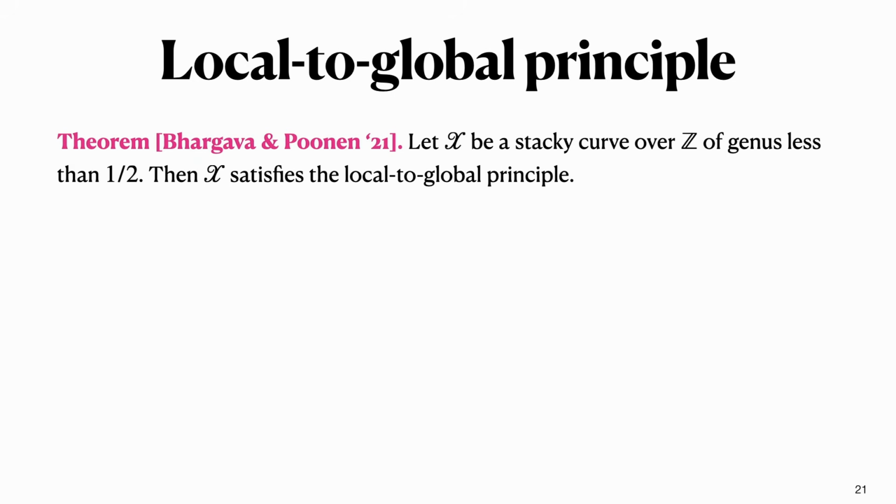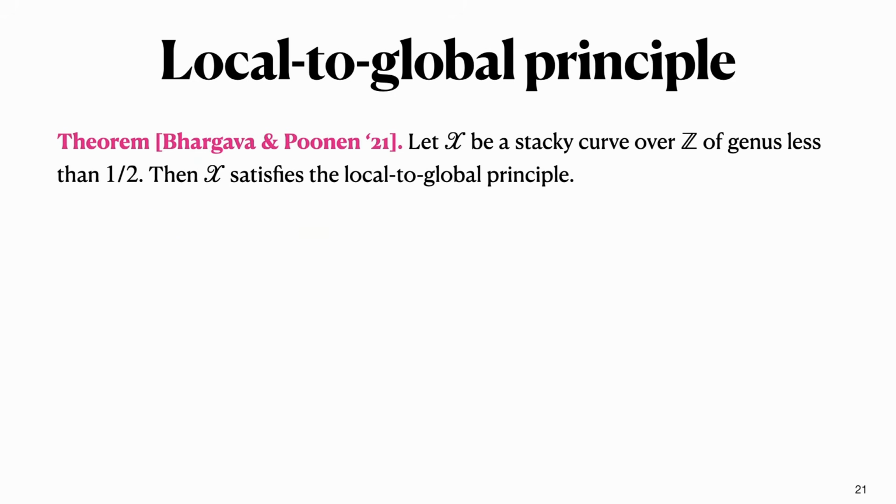So on one hand, we had genus 0, the quadratic forms of genus 0. They hold the local to global principle. And then you can move all the way up to less than 1/2, and the behavior is going to be the same. You're going to have the local to global principle for these curves.